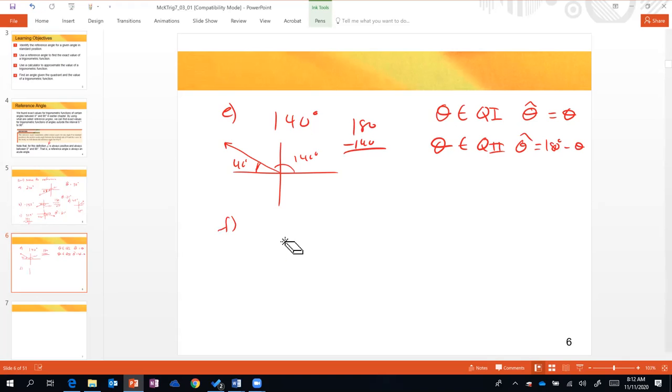Wait, so in quadrant 1, does the hat thing always equal just the angle? Yeah, because we're starting at that terminal side. And as the angle starts off, you are looking at the distance from the x-axis already, and they both start off at 0, 0.